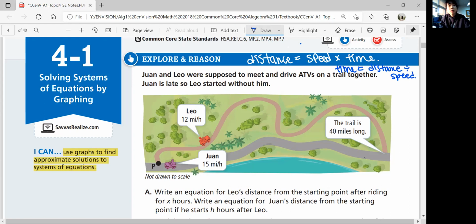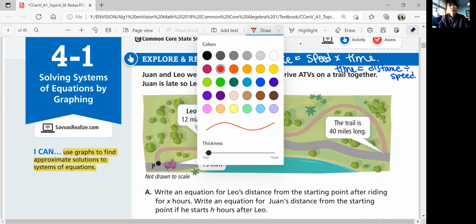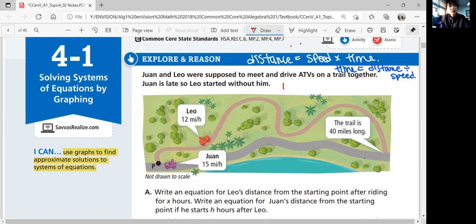In order to figure out how much total time they will take for the entire trail, we can use this equation. Look at Leo's. Leo has 12 miles per hour. The whole trail is 40 miles long.